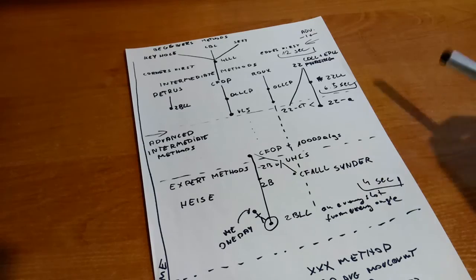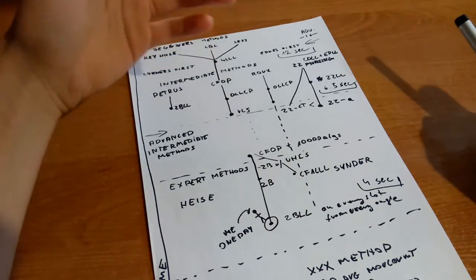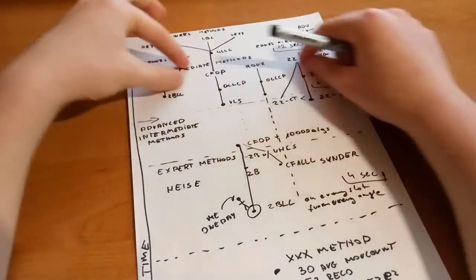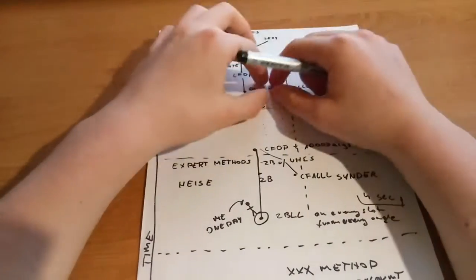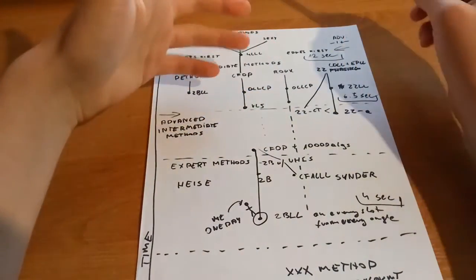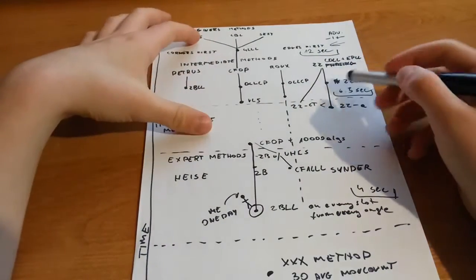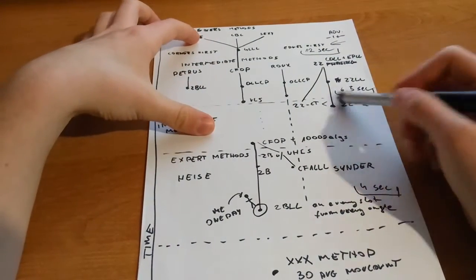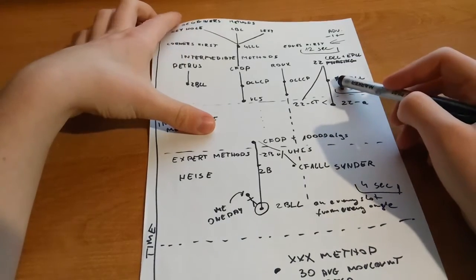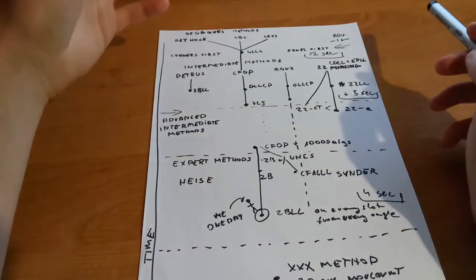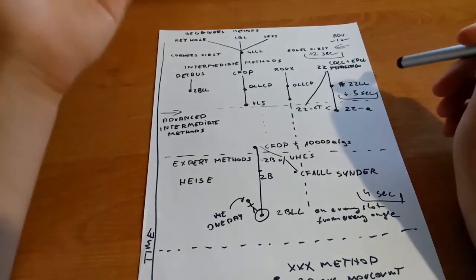There are those ALKs, and you can get really fast, but those are just intermediate methods, and you can develop them to get more advanced, but they are still intermediate. You can get, I guess, 6-second solves consistently with it.